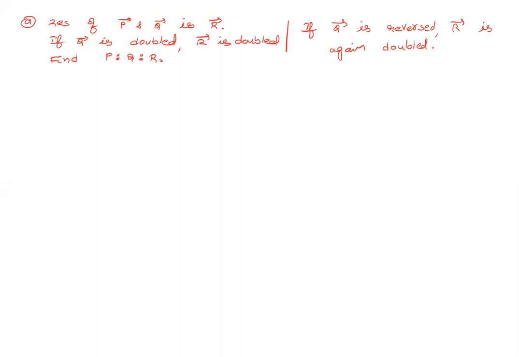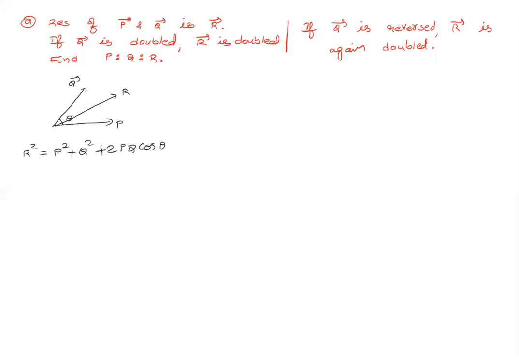Now how you are supposed to simplify this, I'll tell you. Doing a proper diagram, if this is p and this is q and this angle is theta and this is r bar, we know that r square is p square plus q square plus 2pq cos theta, from the first statement.